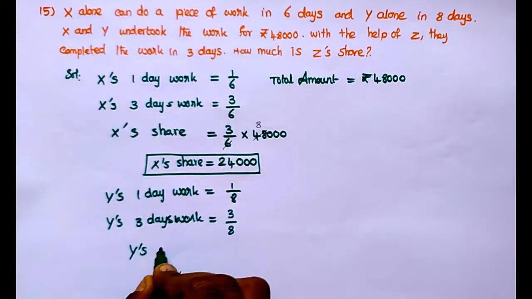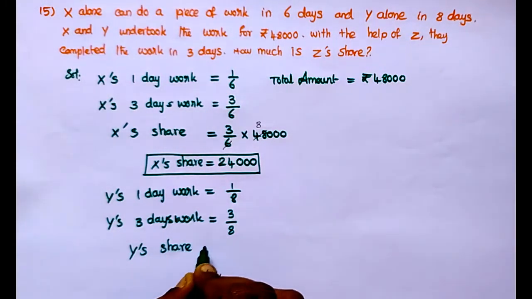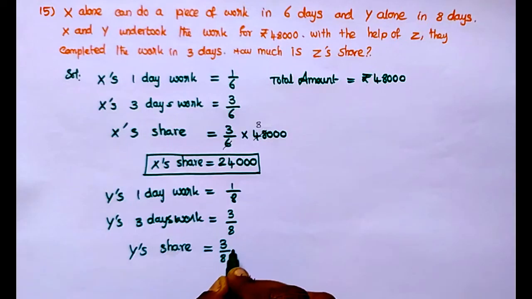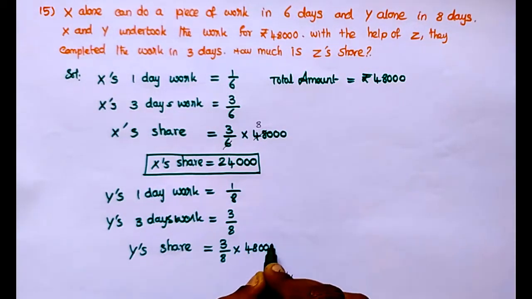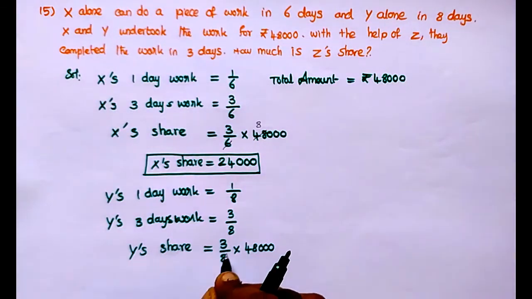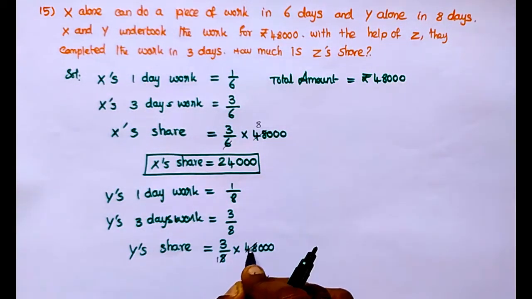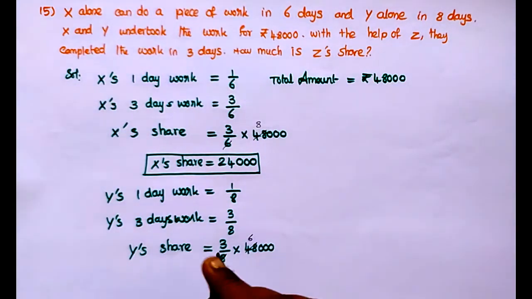So Y's share is 3 by 8 into 48,000. Now cancel this one. 1 8 is 8. 6 8s are 48. So here 6 3s are 18. Put the 0, 18,000. That is Y's share.